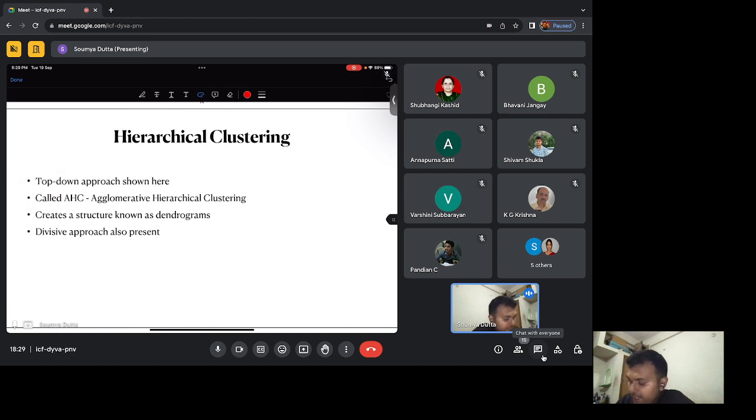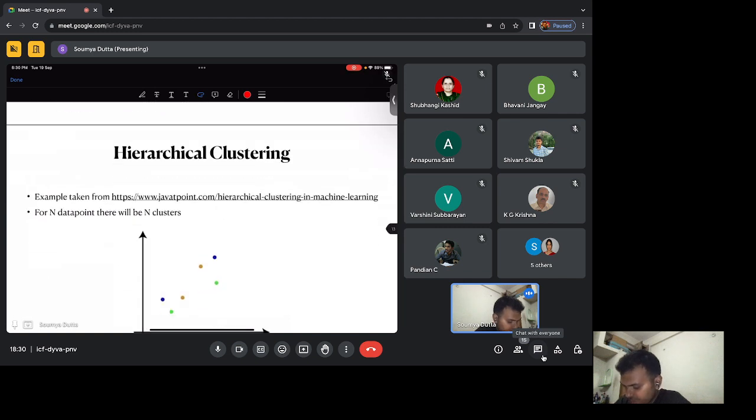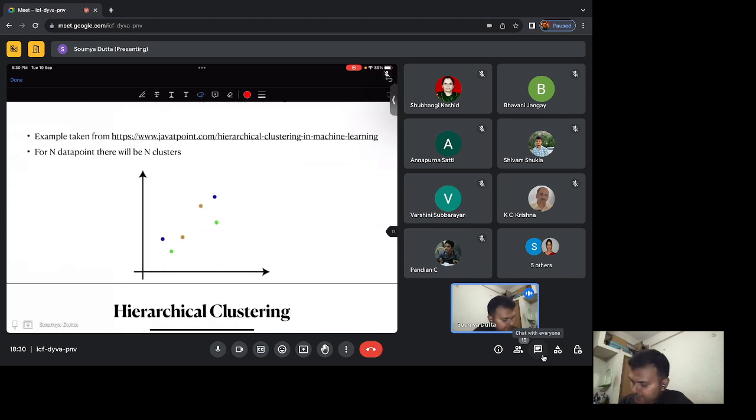Then we come to hierarchical clustering. I will be talking about agglomerative hierarchical clustering. It creates a structure which is known as a dendrogram. I have taken this example from this particular link, so let me go through an example one step at a time. Suppose you have n data points.